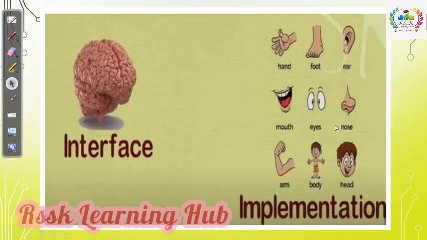Each and every part of the body does a certain action. That is called implementation. These actions are directed by the brain. So the brain acts as an interface for doing some action. This is the best example for interface and implementation.